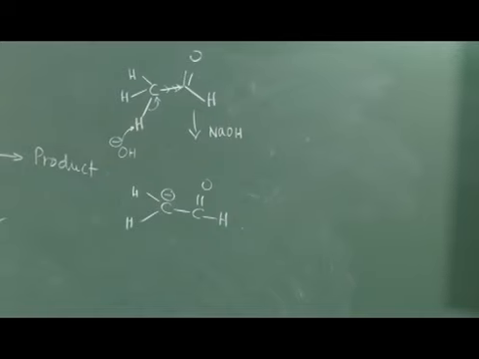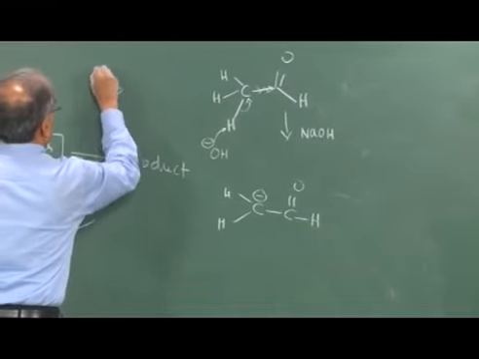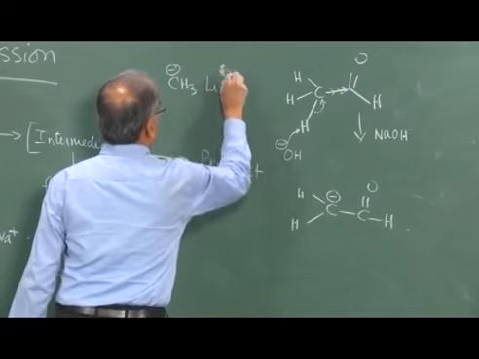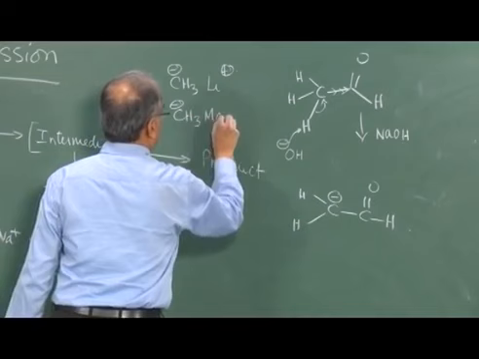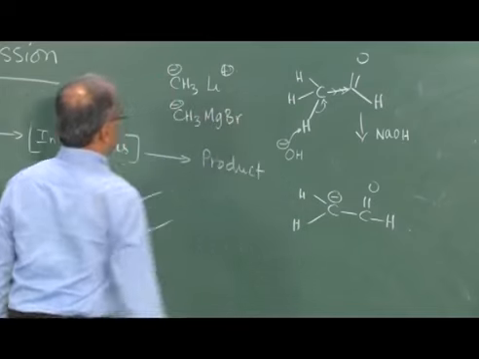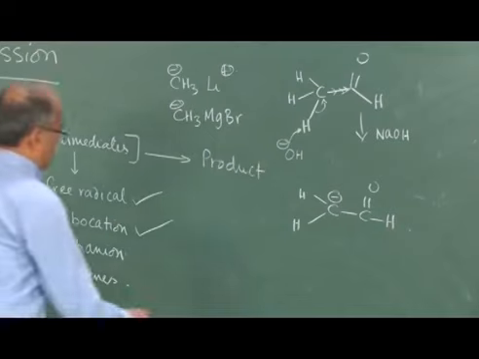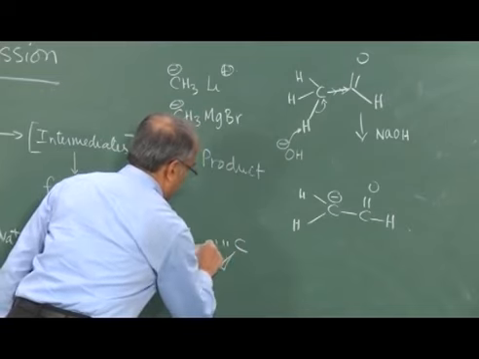Methyl carbanion is a highly reactive substance. Methyl carbanion is known as methyl lithium salt, methyl magnesium bromide, for example. They are all examples of carbanion nature of the methyl group. The structure of the methyl carbanion is pyramidal in nature.